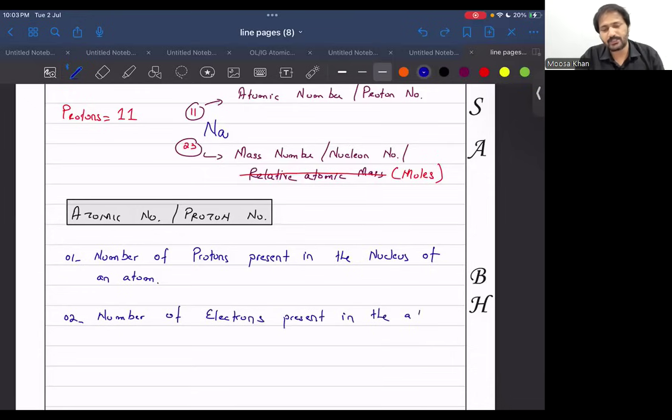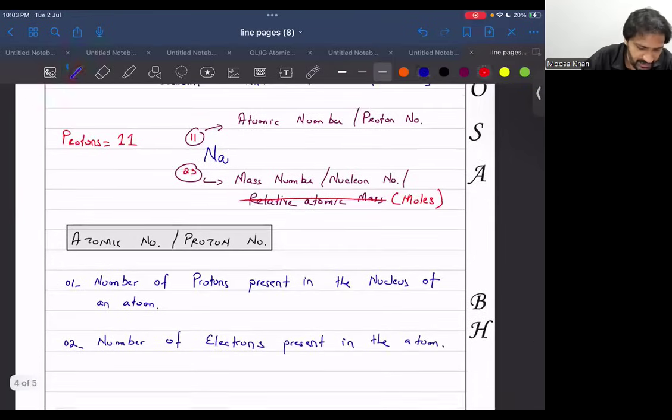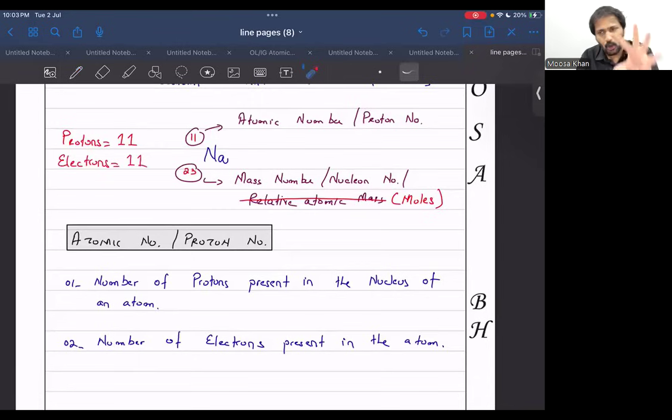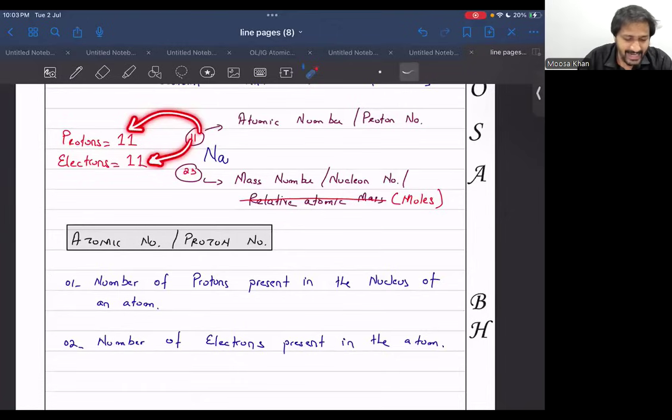But we need to know the number of electrons that are present in a particular atom. So number of protons is equal to number of electrons. A sodium atom has an atomic number of 11. It means it has 11 protons as well as 11 electrons. जितने protons हैं उतने ही electrons भी हैं, right?